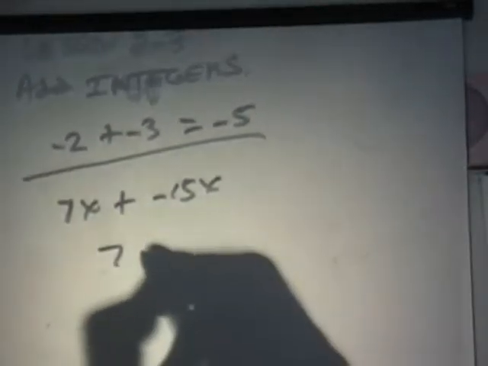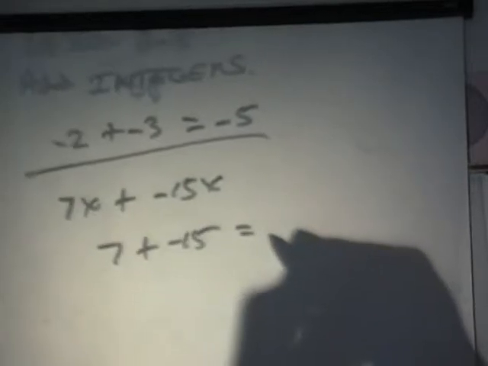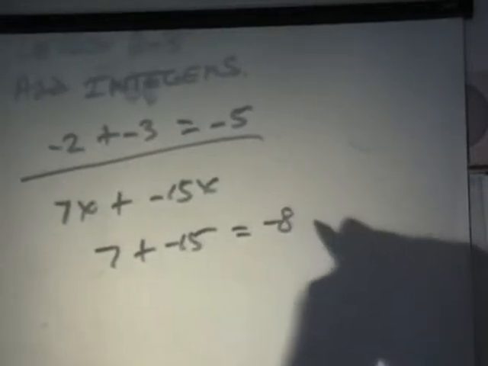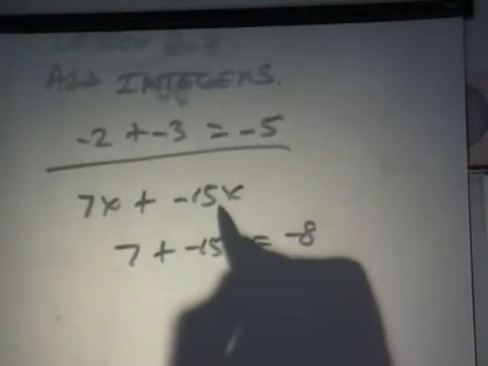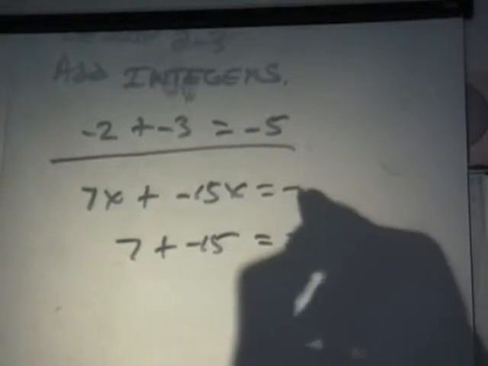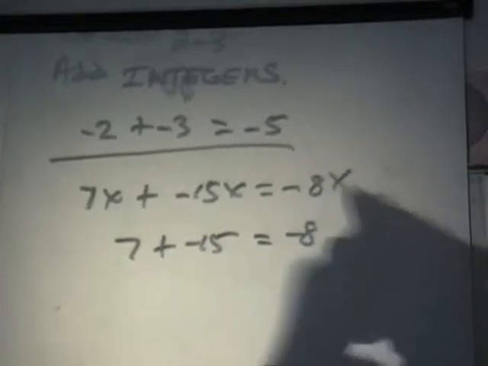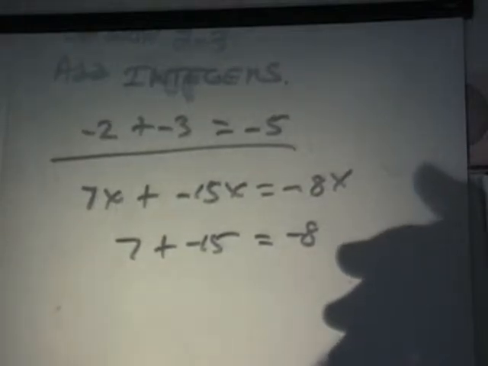So isn't that the same as 7 plus a negative 15? Well, how much is 7 plus a negative 15? That is a negative 8. Therefore, a 7x plus a negative 15x will give you a negative 8x. Very simple.